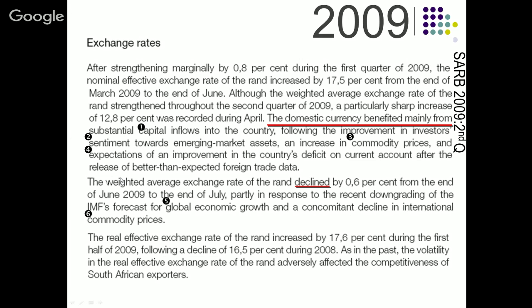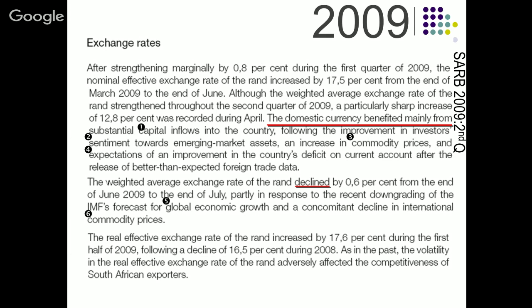So those 4, that's 1, 2, 3, 4, gives you positive factors causing the exchange rate of the rand to appreciate. Why? The transactions led to supply of dollars to increase, demand for dollars to decrease, and other currencies, and therefore appreciating the exchange rate of the rand.